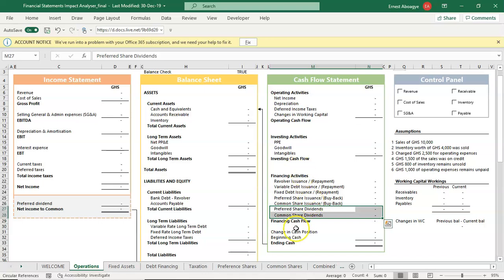So if you look at it, this side is also broken down into like a 3 level. You look out for your debt sections, okay, which is your revolver, your variable debt, your fixed debt, and then your equity section, which is either preferred shares or common shares, and then the dividends thereof.